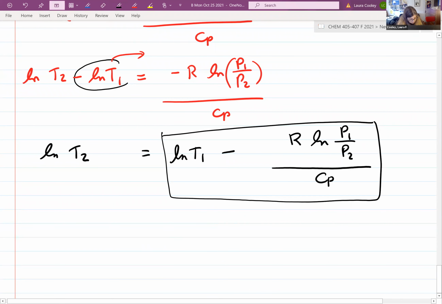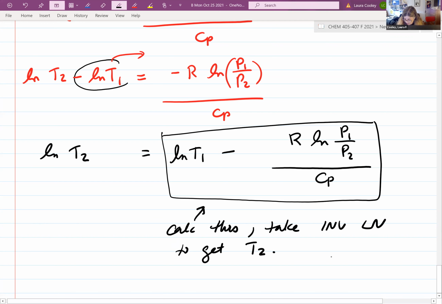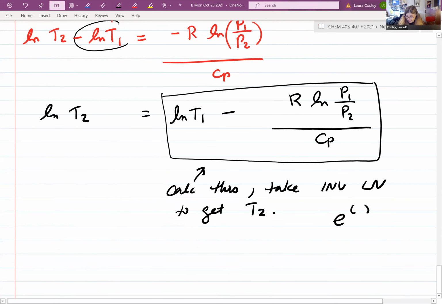Okay. So what I want to show you now is that the way to get T2 is you calculate this and take the inverse ln, or e to the whatever, okay?